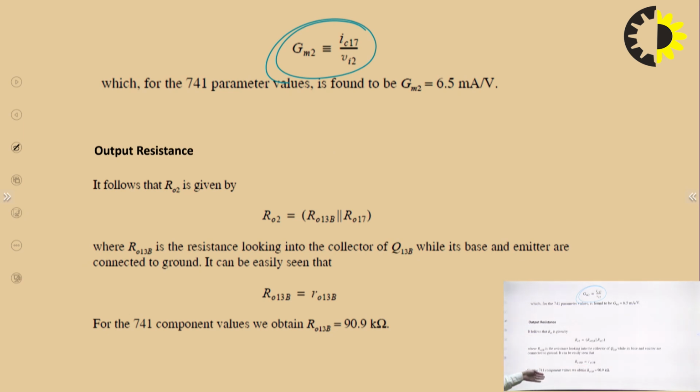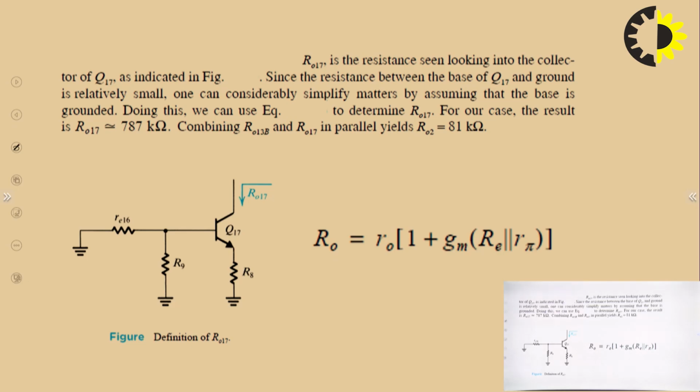So for IC741 values, we can obtain RO13B is equal to 19.9, and for this transistor Q17, this is the formula, the relation which we have already used in the first stage. So we can use it and we can put various values.